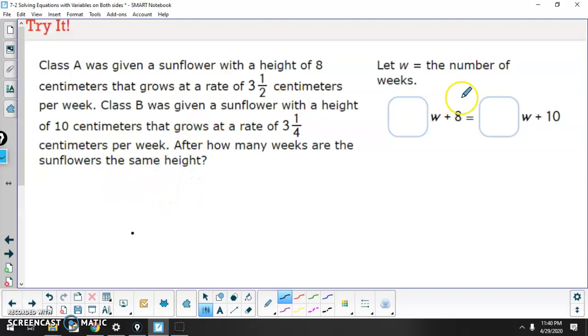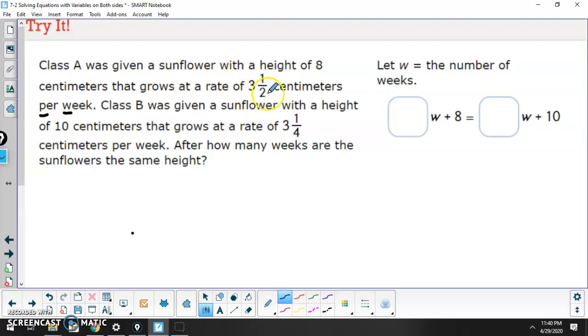The setup for it is we're looking for the number of weeks, so that's our variable. And then we are comparing the two classes' sunflowers. So class A, when is it equal to class B? The reason why we are multiplying W by something is because it says per week.